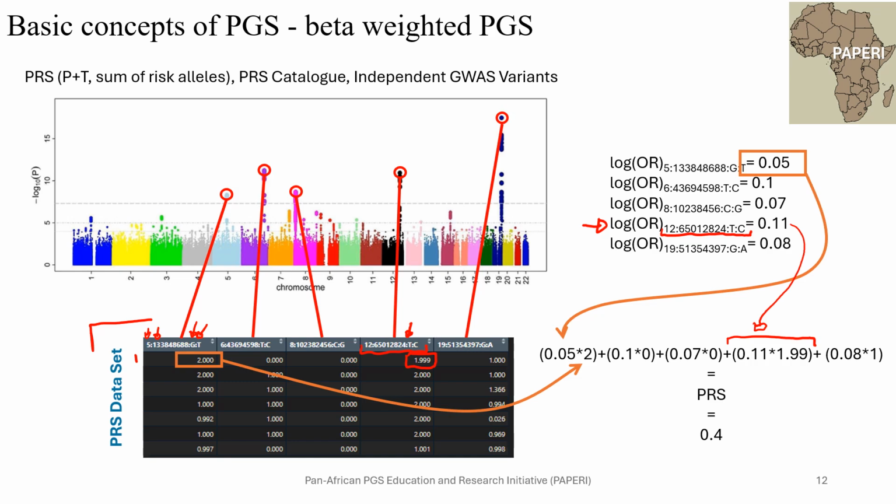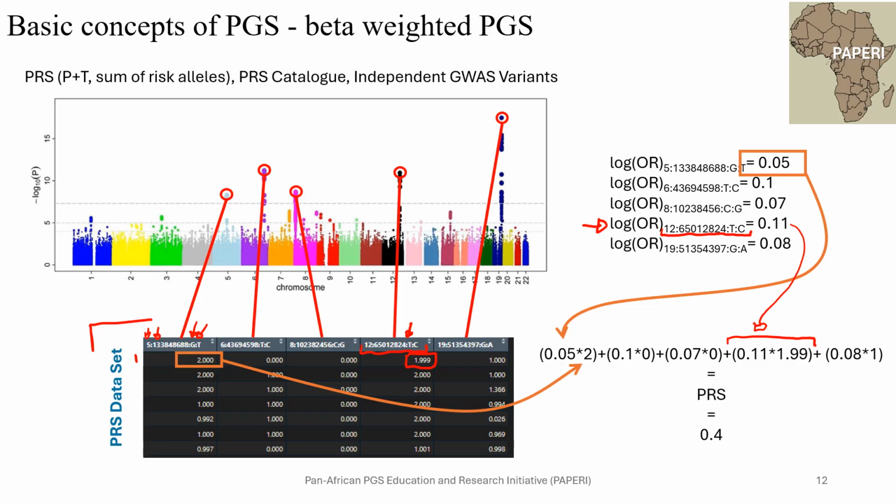But basically, this process we go through for each of the variants in our data set that are hits in the genome-wide association study. We find them in our data set, and then we multiply an individual's dosage value by the weights from the genome-wide association study, and then sum those up, and that gives us a polygenic risk score.